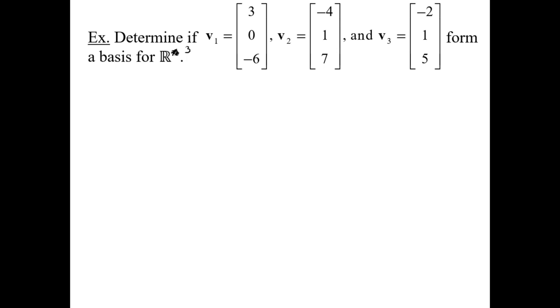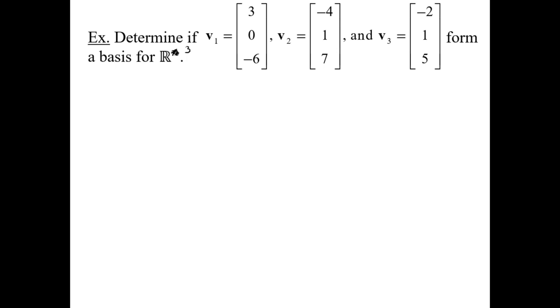In order to find all of R3, we need three vectors. So we got the right number of vectors. The only thing we don't yet know is if they're linearly independent, so that's the one thing we really do have to check.